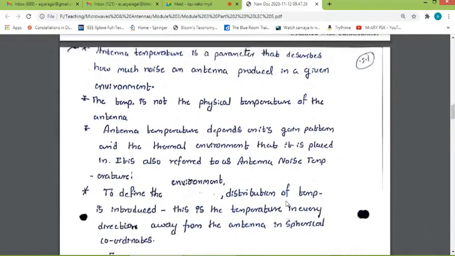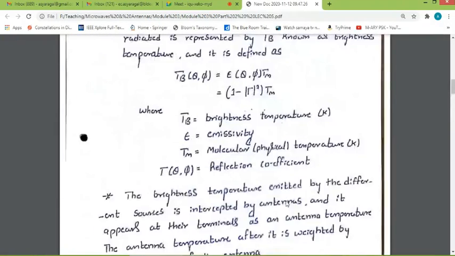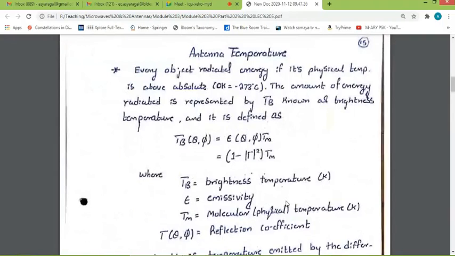Just for the sake of definition, there is an equation. Whatever amount of energy is radiated is represented by capital T suffix B, which is known as the brightness temperature.